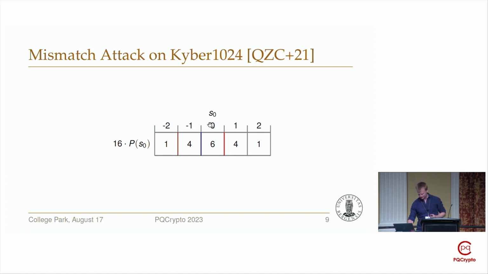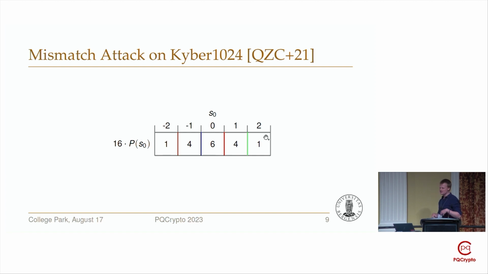Then she makes another split here. In case she learned that she was at -2 or -1, she will now learn the precise value. In case she was over here, she will either learn that the value is 0, or she will have to make a final split here to learn that the value is either 1 or 2.